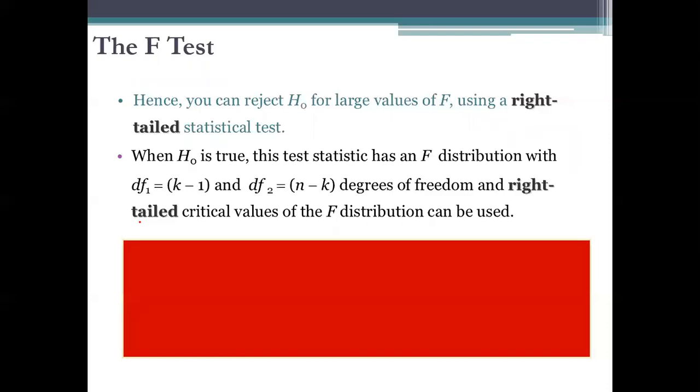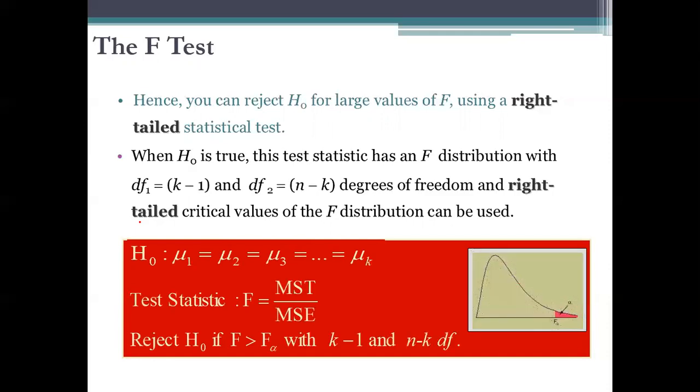As I said, to get the F value or test statistic, that is MST divided by MSE. And as I said, we are going to reject the null hypothesis if the F value that we calculate in this test statistic is greater than the F value alpha in the F table.